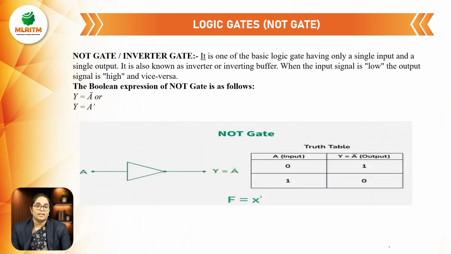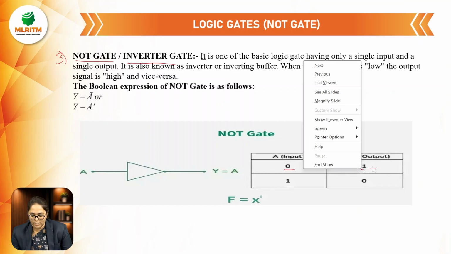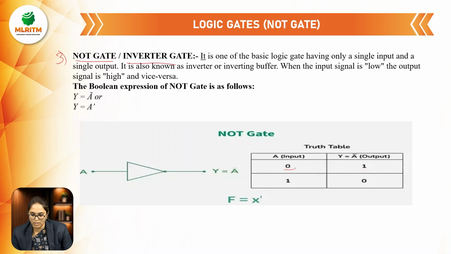Next, the third gate is nothing but a NOT gate, also called an inverter gate. It performs inversion of an input value. If the input value is 0, it results in 1. It just makes the opposite of your input value.